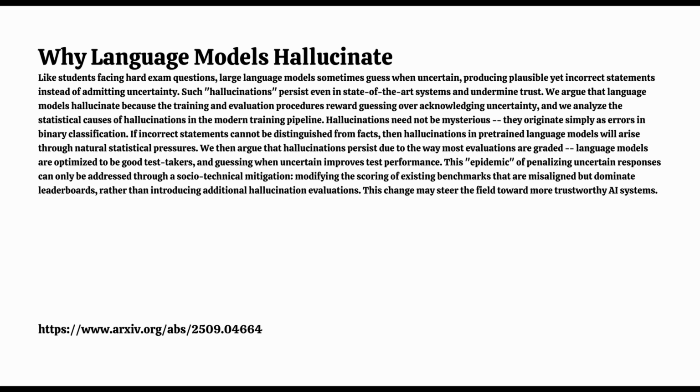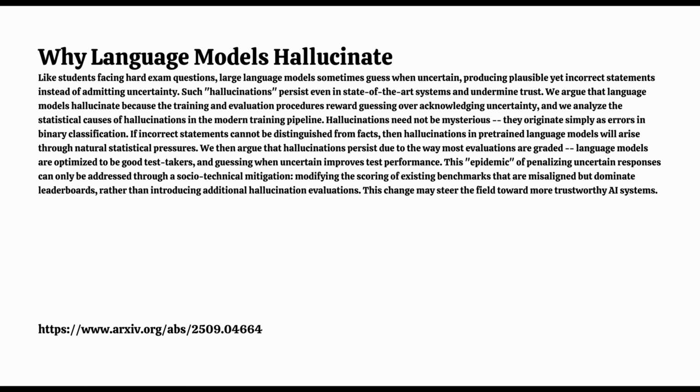So, wrapping this up, our deep dive into why language models hallucinate really gives us two main takeaways. First, these errors aren't some deep mystery. They often stem from pretty understandable statistical issues during pre-training, like dealing with those arbitrary singleton facts or just the model hitting its own limitations on certain tasks. And the second big insight is that these hallucinations stick around and are even encouraged because of how we currently measure success.